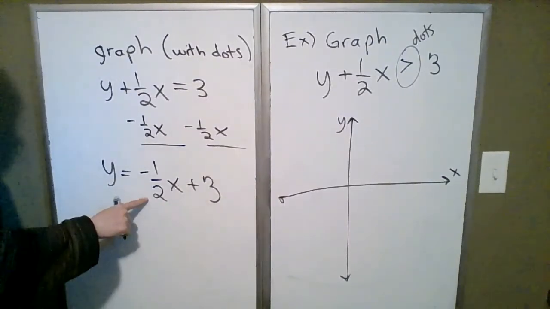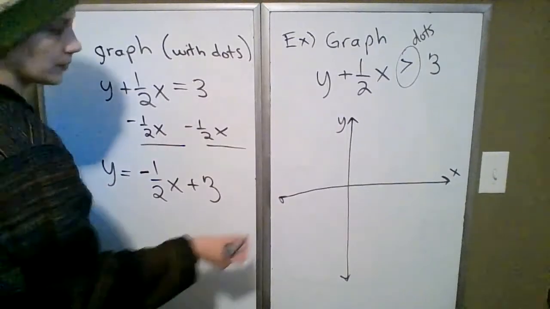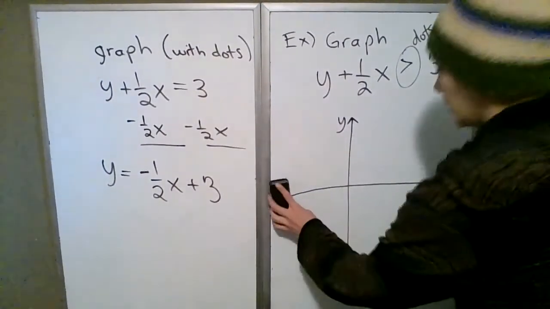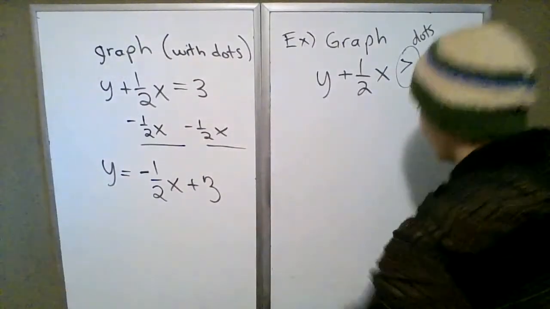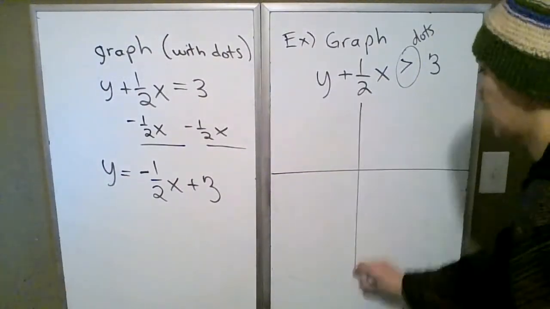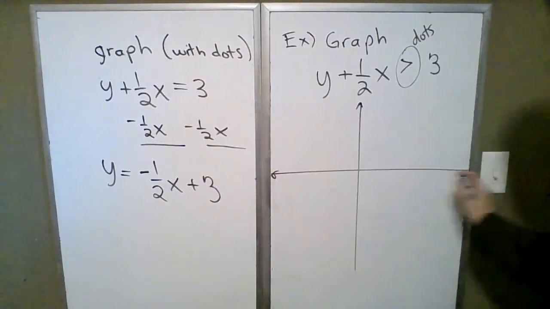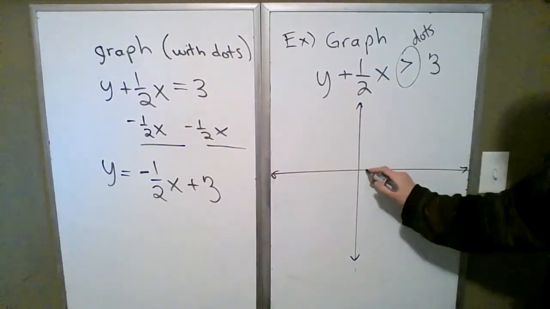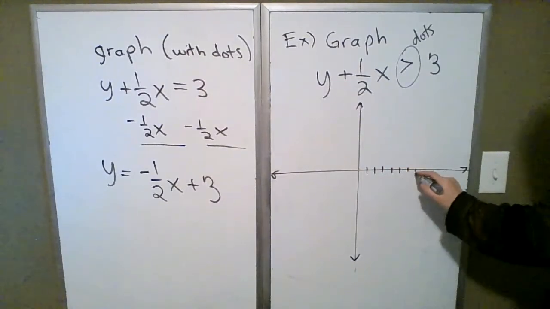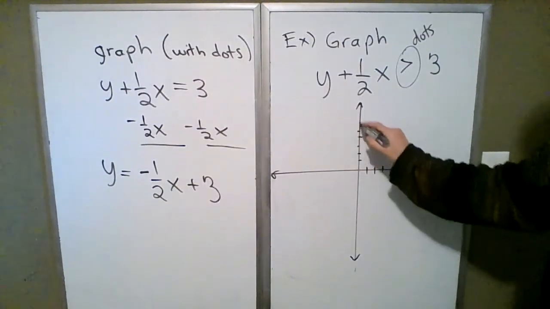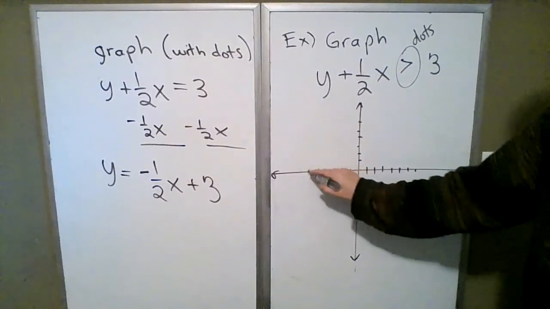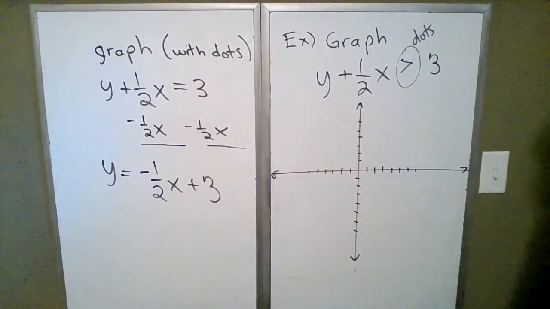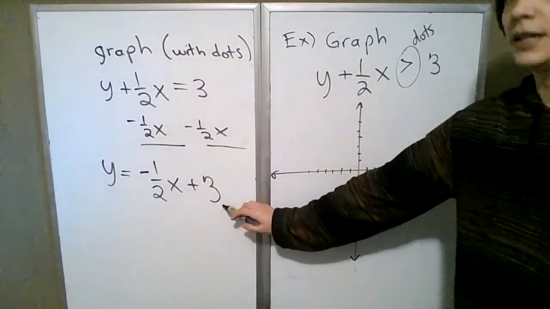And then use your slope. Okay. Let's try this one. We're going to go to 0, 3.